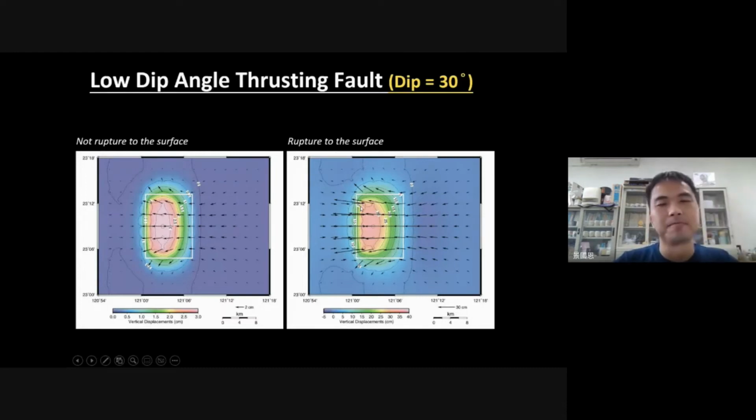Once again, I assume all of you already know the relationship between line of sight and the 3D displacement.